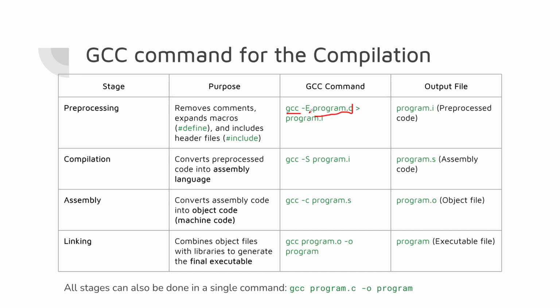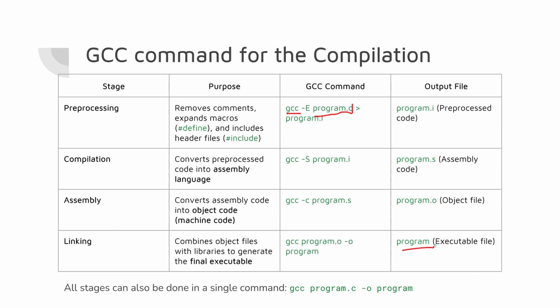The next stage is converting my .i file into program.s. By using the next command, I can convert my assembly code into the object file. At the end, I convert program.o into the program.exe file.